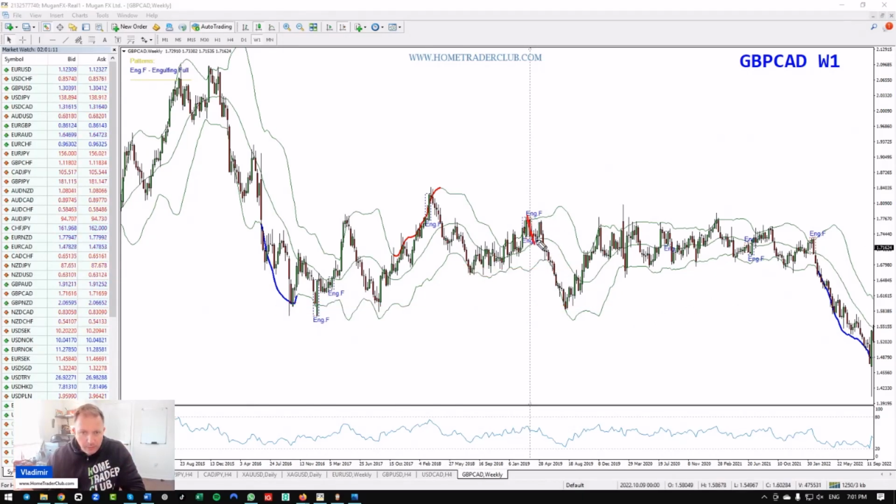You can see here we will get a pullback that will allow us to go and join the ride. I cannot show the 4-hour chart, I don't have this data available here, but you can see these little pullbacks will provide the opportunity. So this is the first method that traders are using. You can see another one here, with beautiful reversal signs.